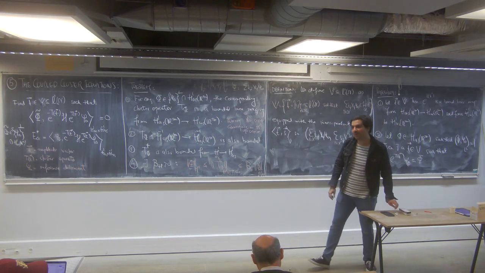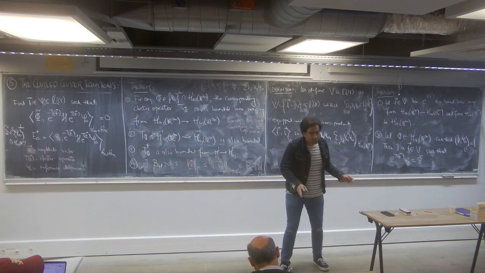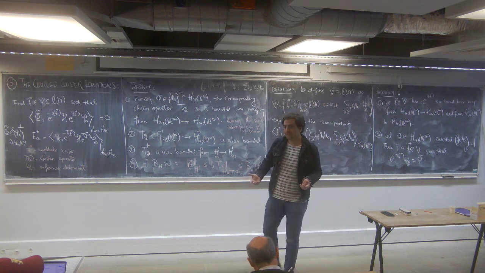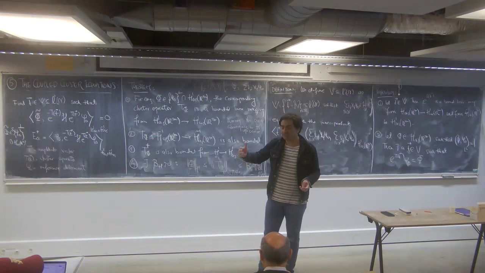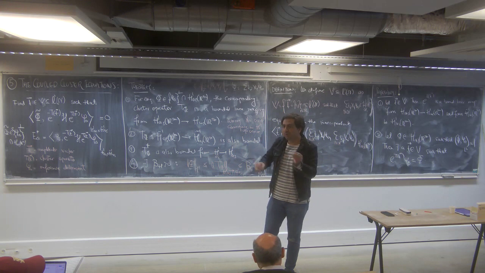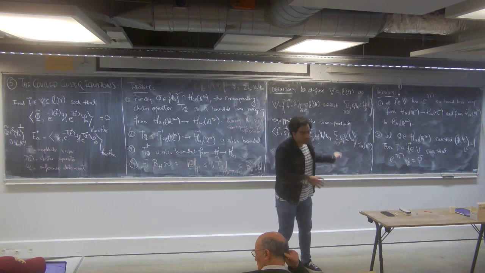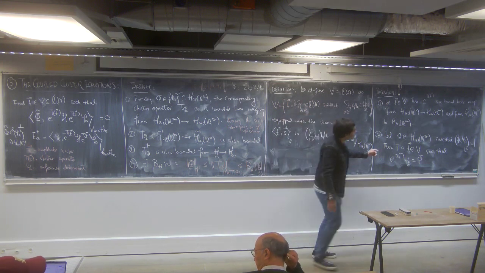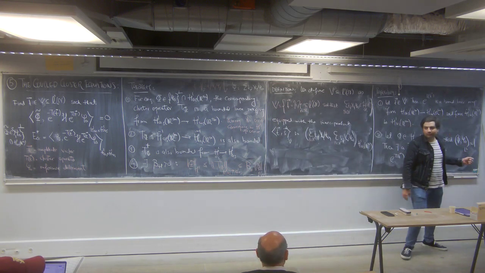Yes, for any one of them. The construction I've given, the definition of the excitation operators, assumes that psi 0 is the one constructed from the first n orbitals, because that's how I define my excitation operators. But you could reorder your orbitals to make some different orbitals your first n orbitals, and then the same construction works. The only thing you need is for this overlap to be non-zero.